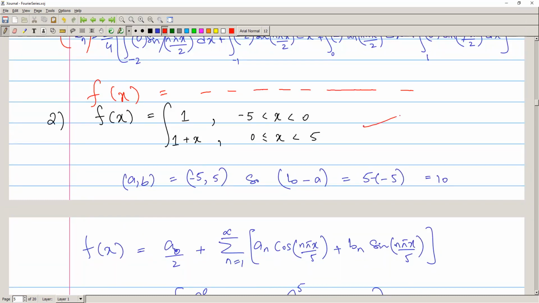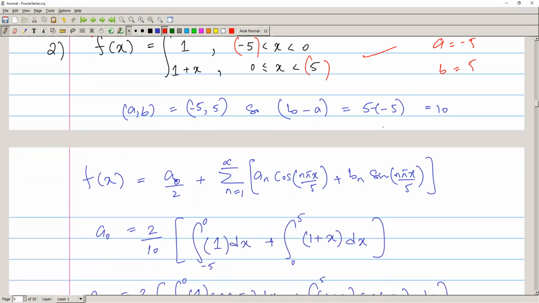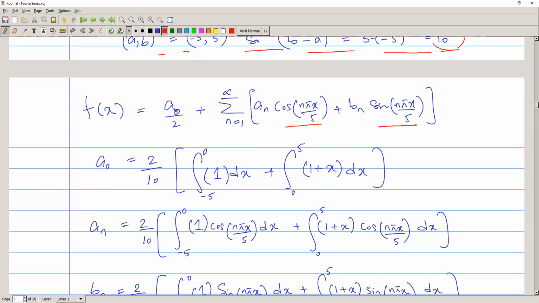And then again, it's a piecewise function from -5 to 5. So a is equal to -5, b is equal to 5. All right, so similarly, you can see that the period is 10. So if the period is 10, then this will look like this. And now you are very much familiar how this is found: cos n pi x over 5 and sin n pi x over 5, right?